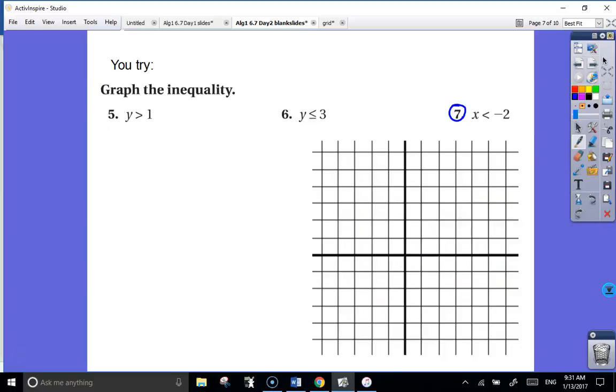And so I should go to x equals negative 2 and draw a vertical line. Should I make it solid or dashed? Dashed. Now how do you determine which side, left or right? To the right is greater, to the left is less. So in this case it's a less than, so shade to the left. That's it. That is all there is to doing that.